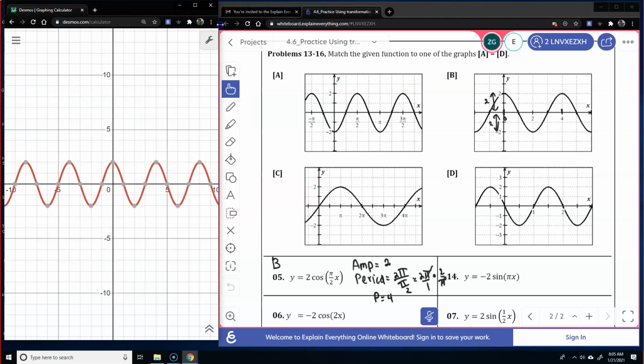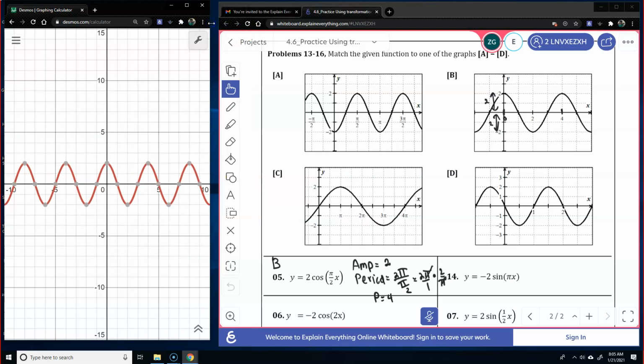Now we're going to go ahead and work on number 14. So we know that the amplitude is the absolute value of -2, which is 2.